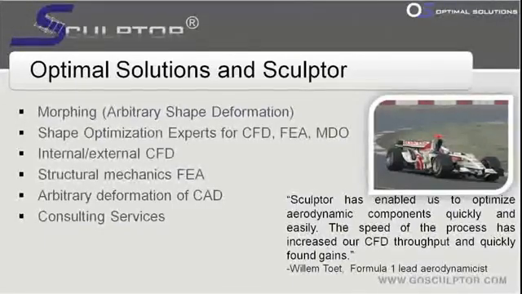We also offer some consulting services. Some of our early adopters were in the motorsports, especially the Formula One teams. Sculptor has enabled them, based on one of their leading aerodynamicists, to get their aerodynamic components designed and optimized easily and quickly finding the improved gains with arbitrary deformation.